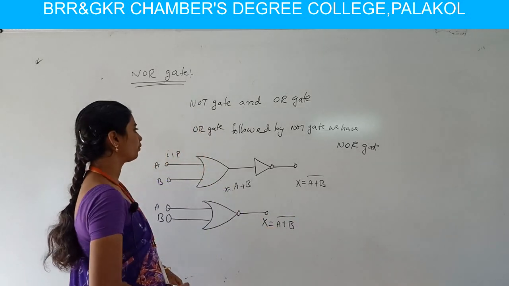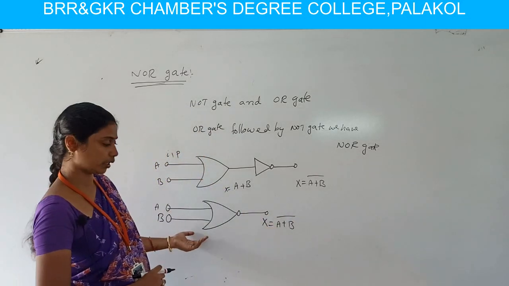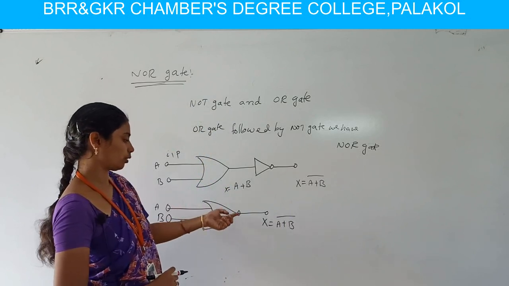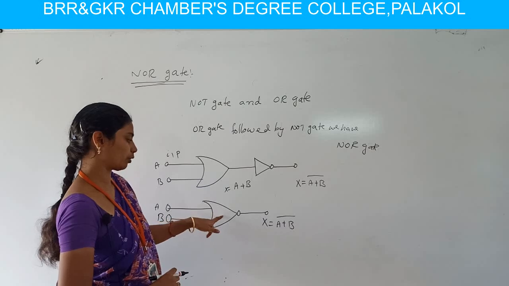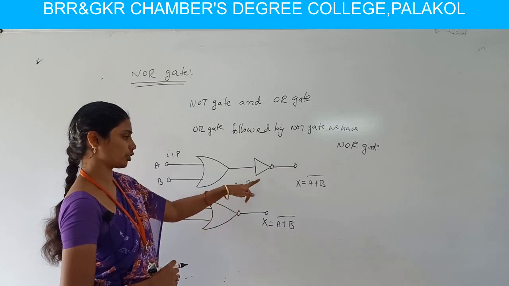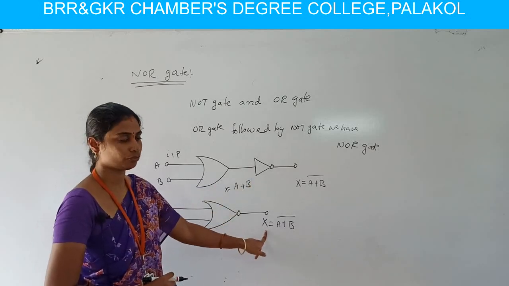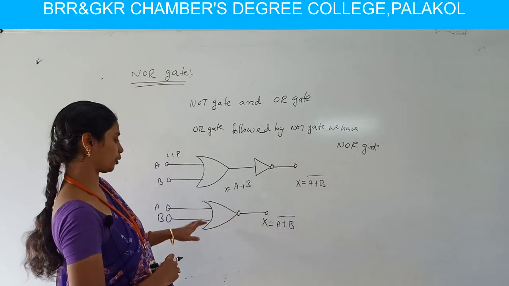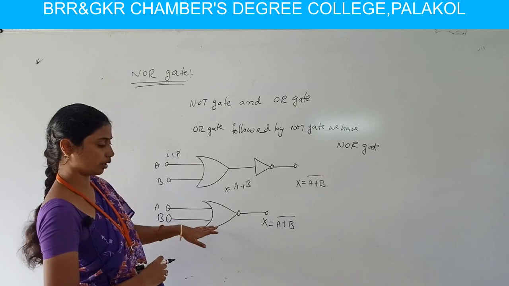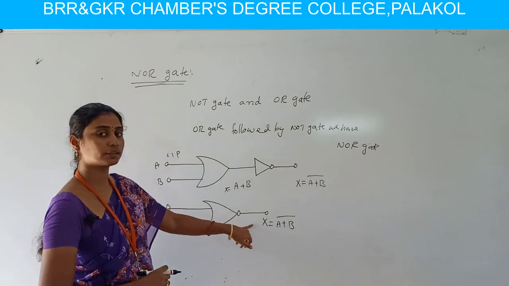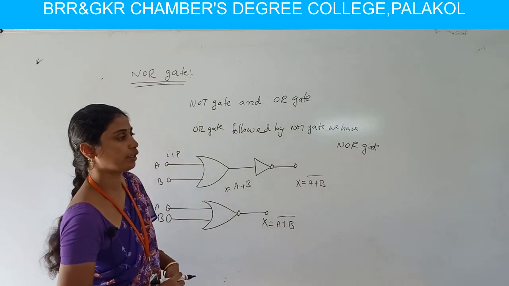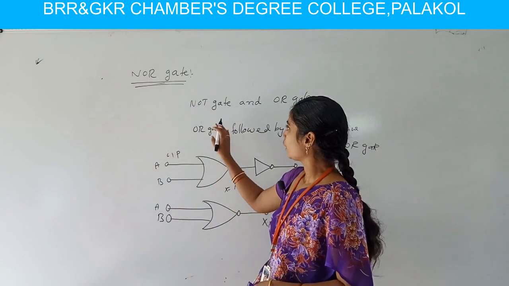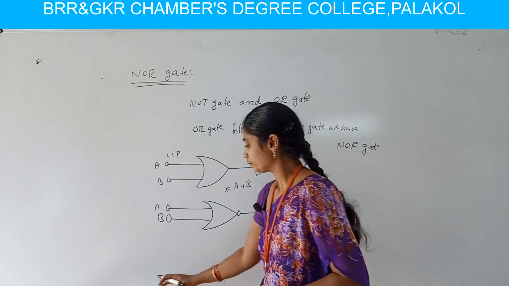Here the two inputs A and B go into the OR operation, followed by a bubble, which is nothing but the NOT operation. Then we have x equal to a plus b whole bar. This is the circuit symbol for NOR gate.